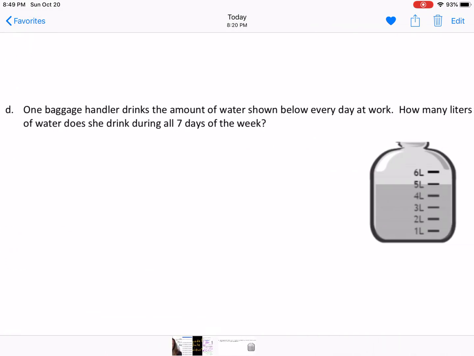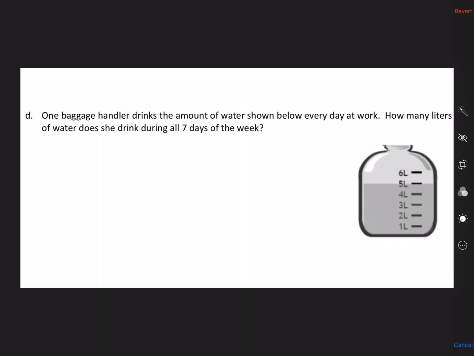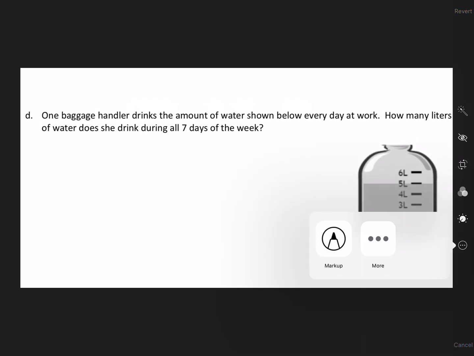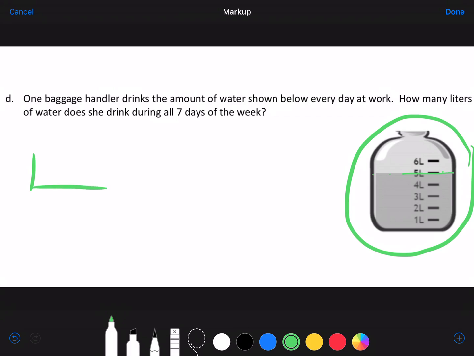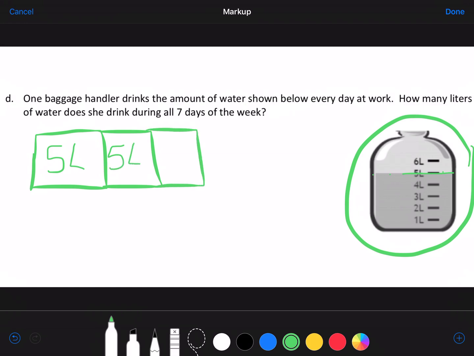All right, let's see if we have another part to this one. We do. D, one baggage handler drinks the amount of water shown below every day at work. How many liters of water does she drink during all 7 days of the week? So the first thing you have to do is to come to the picture and be able to see that there are 5 liters of water, right? So we could do a tape diagram and be like, we've got 5 liters one day and then 5 liters another day. How many boxes will I have to make for this tape diagram to be accurate?